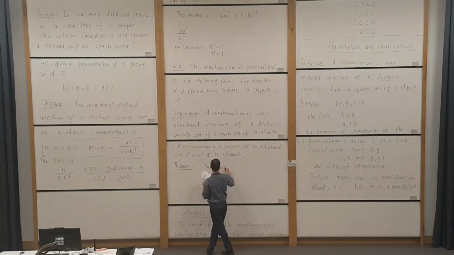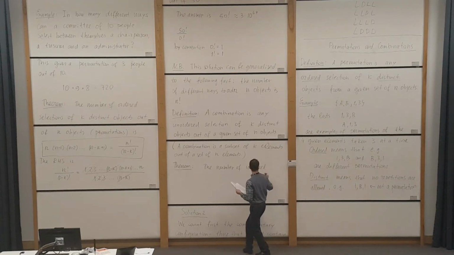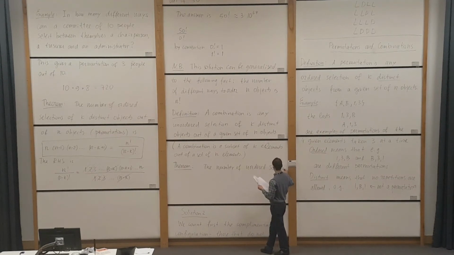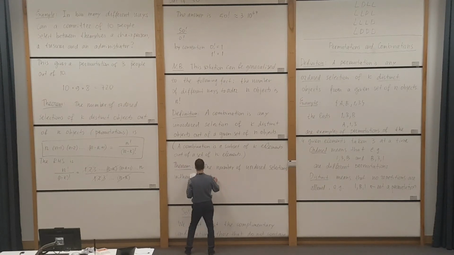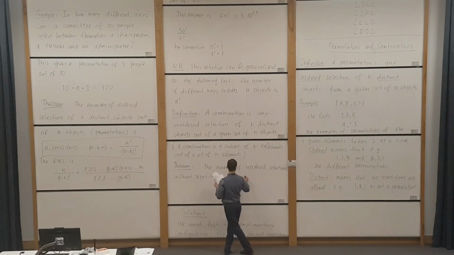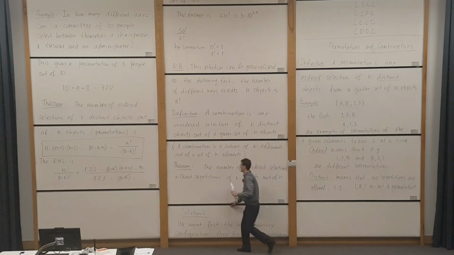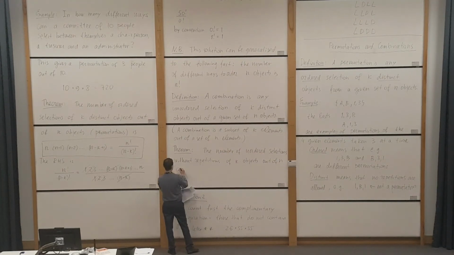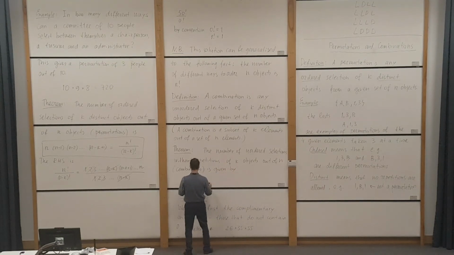The number of unordered selections without repetitions of k objects out of n, that is, the number of combinations, is given by the following formula.